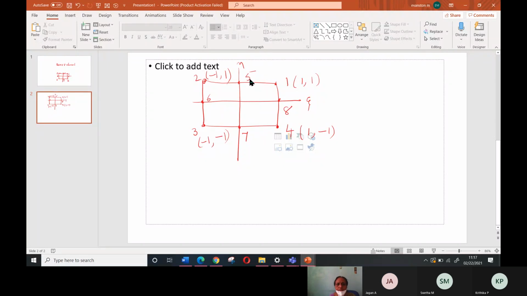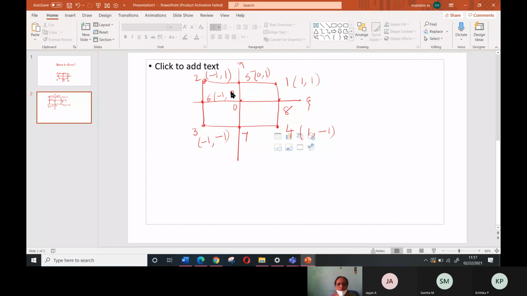Can you mark it for 5? 5, x is 0. This is the origin. So 0 comma 1. Then this one, the sixth one, it is -1. Am I correct? -1 comma y-axis, it is 0.